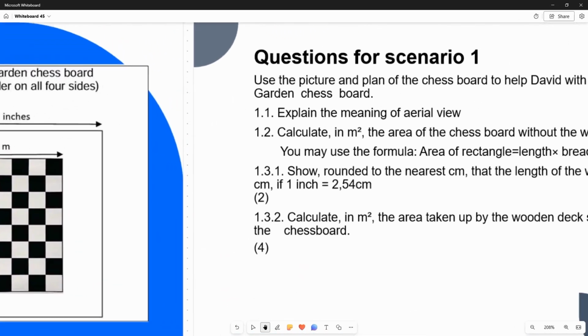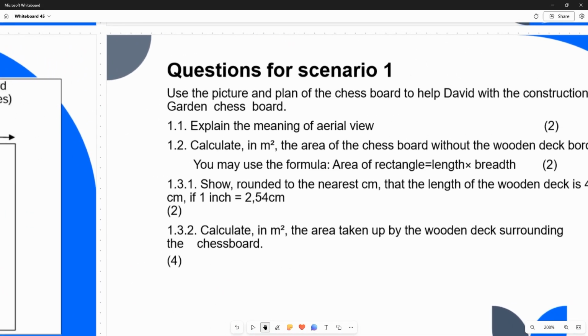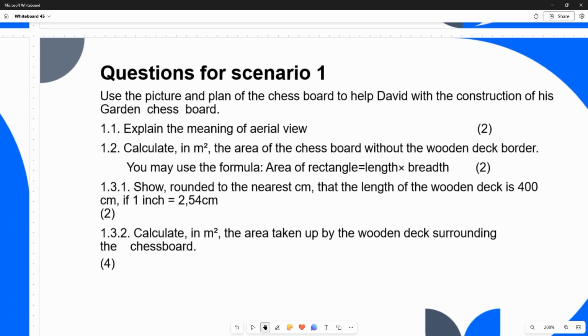The first question now says, use the picture and plan of the chessboard to help David with the construction of his garden chessboard. Explain the meaning of aerial view. What is aerial view? This question, I just put it, although it is coming from maps, but since we're speaking about the aerial view of this, I thought it's important we define it.